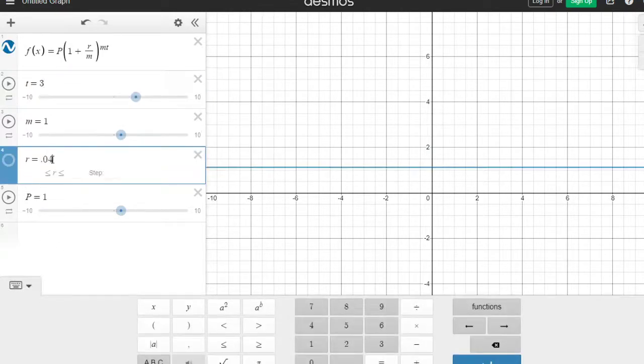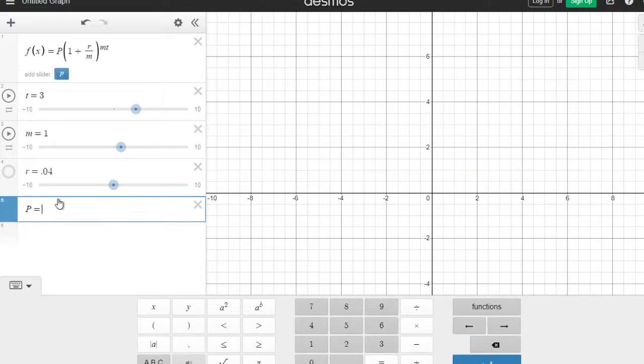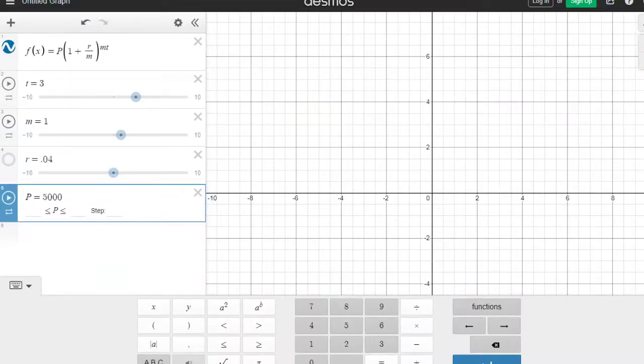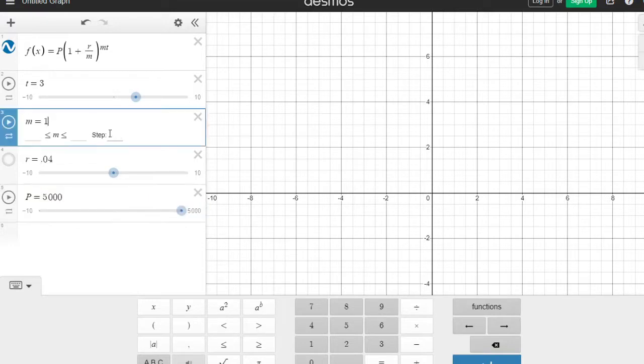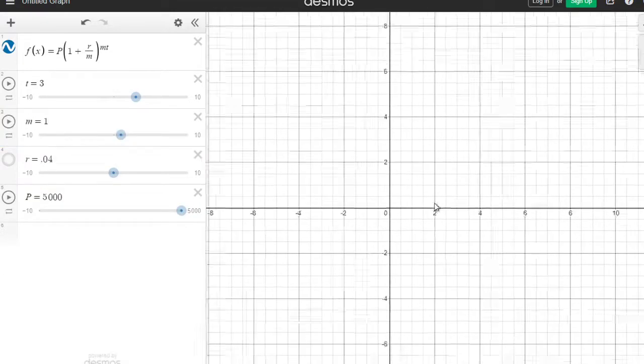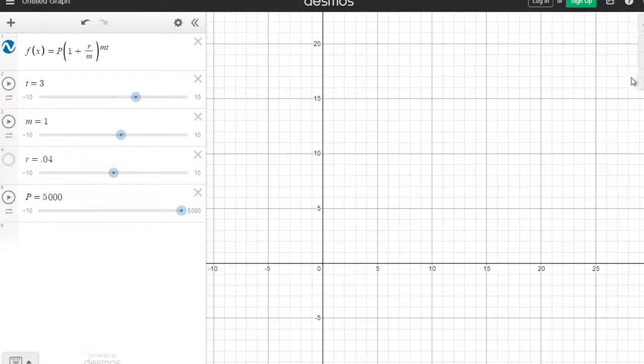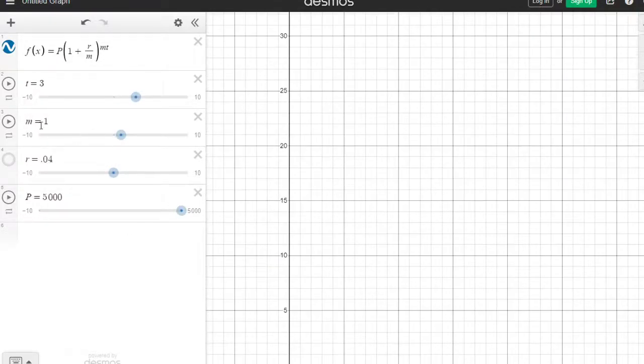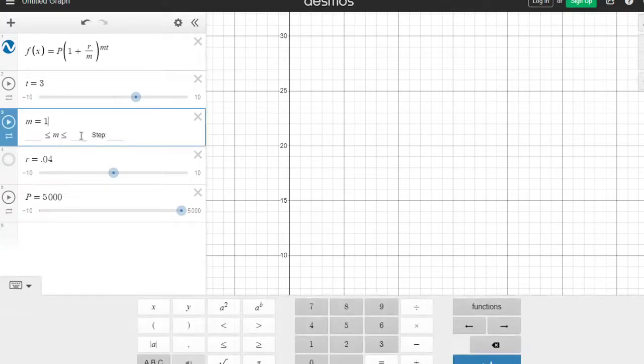Our rate was 0.04, and our principal, our starting amount was 5,000. And so what this is going to do is allow me to play with that monthly amount, essentially, the number of times we compound. So I could change that m as many times as I want, and that's kind of cool.